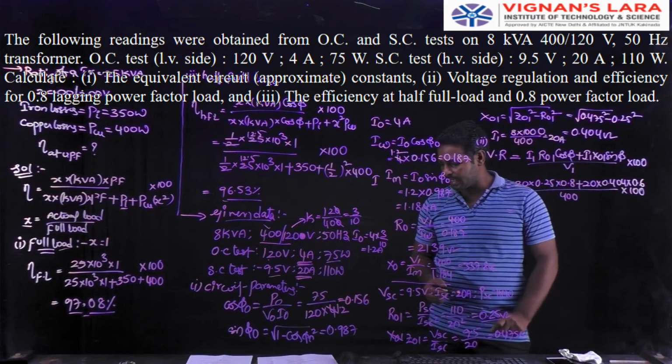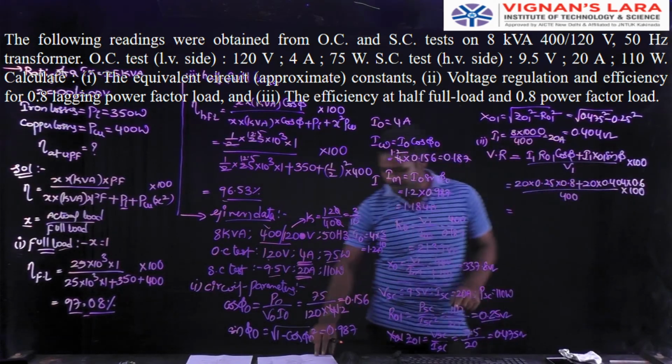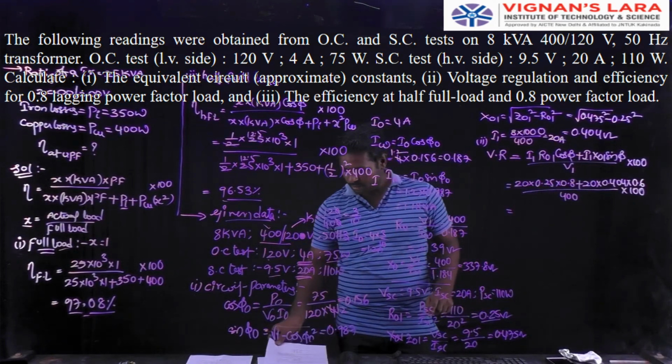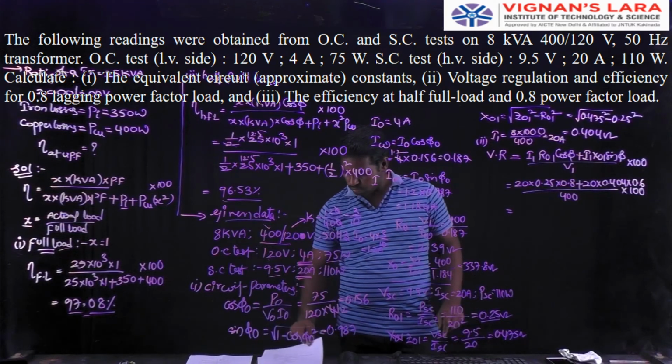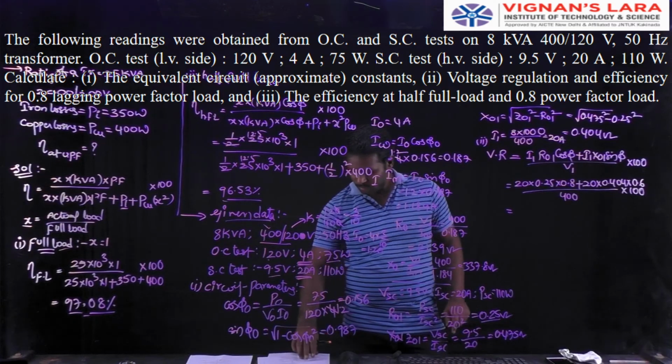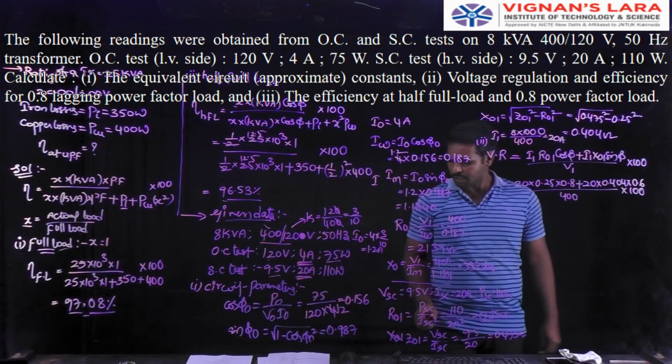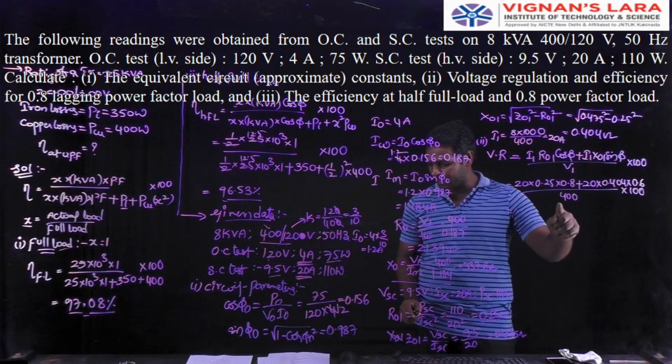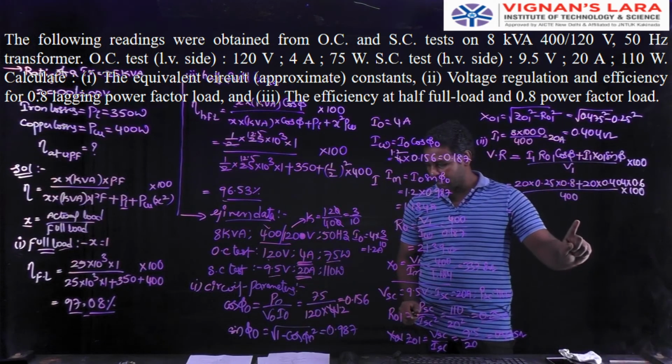By simplifying this equation, the numerator of the given equation is equal to 8.85 volts.